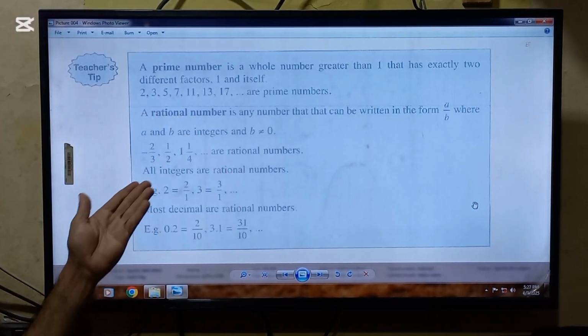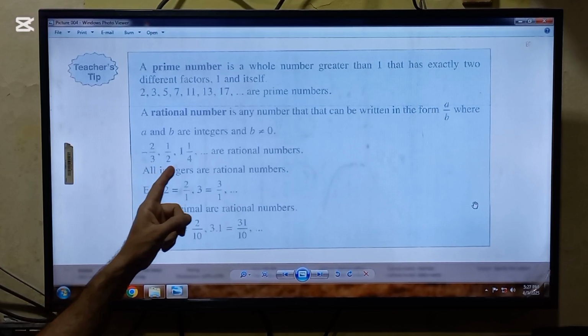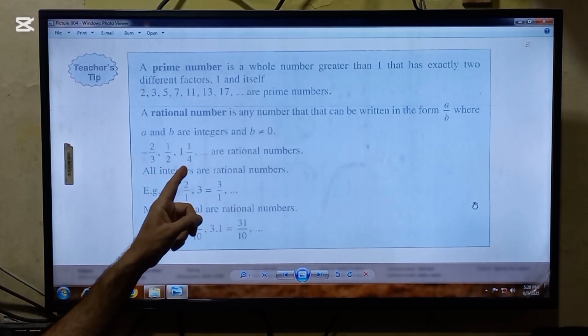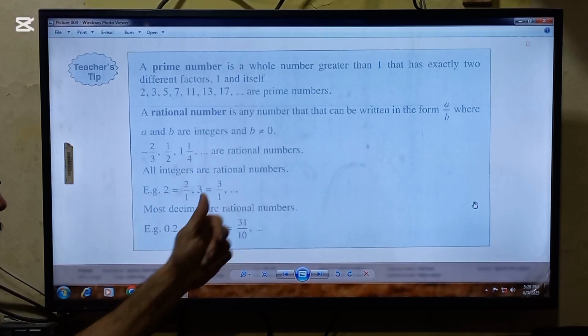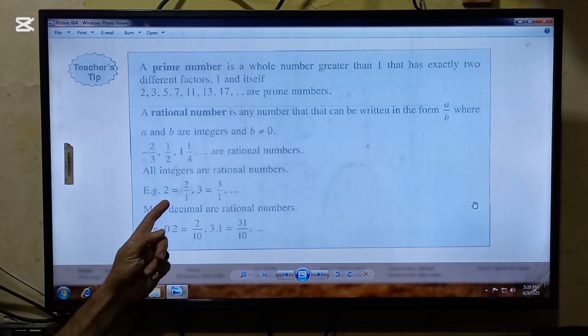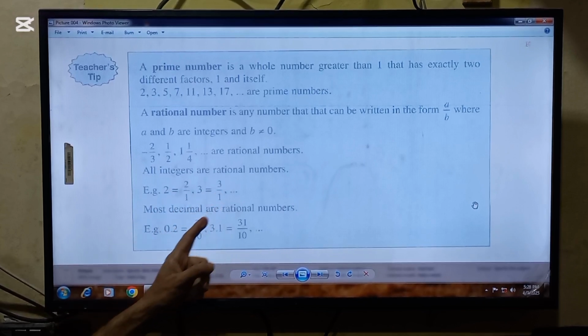Here are some examples. -2 by 3 is a rational number, 1 by 2 is a rational number, 1 whole number 1 by 4 is a rational number. All integers are rational numbers, like 2 can be written as 2 over 1, 3 can be written as 3 over 1.